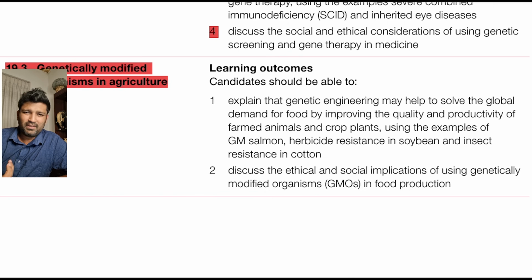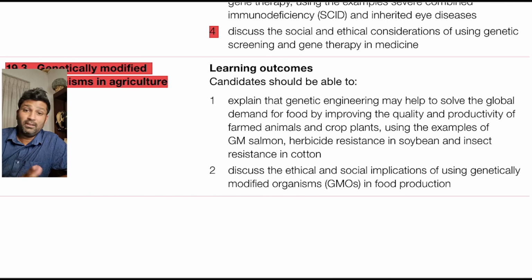I think that's something that again was not tested enough in the recent papers. And again, the ethical and the social implications of using GMOs, because you know that there are certain people who still opt not to take products of GMOs, and you may have seen labels saying no GMO on the label itself. So this is another hot topic that you might want to go through, because we've not seen a question about GMOs for a very long time.